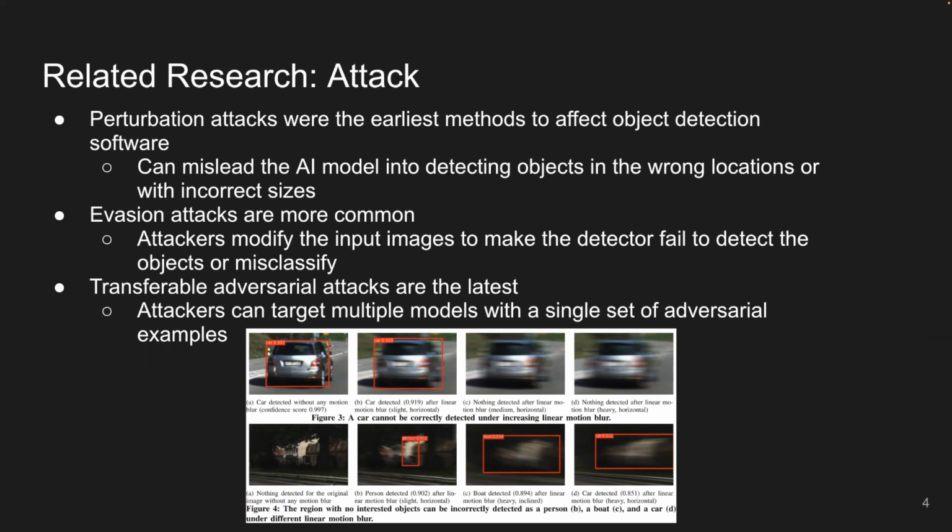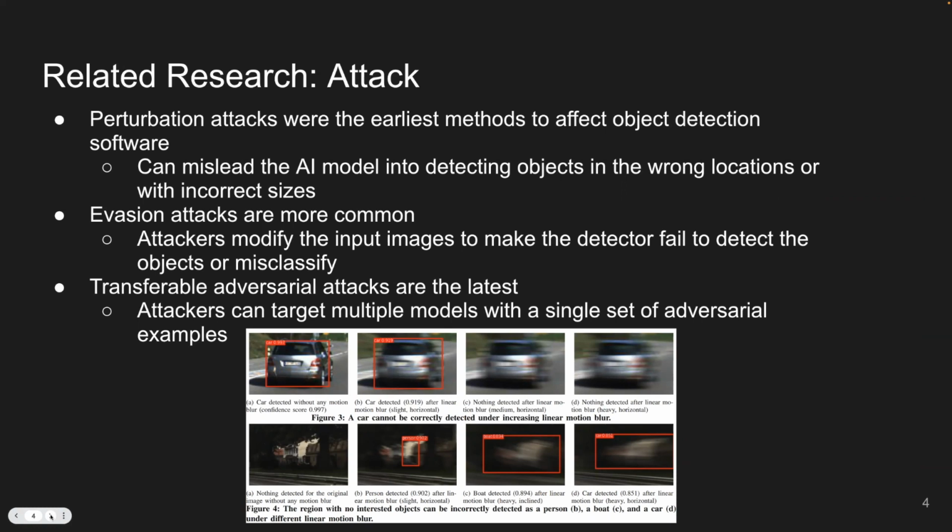Some of these methods actually can mislead the AI model into detecting objects in the wrong locations or with incorrect sizes. Another type of adversarial attack is evasion attacks, where attackers can modify the input images to make the detector completely fail to detect the objects correctly.